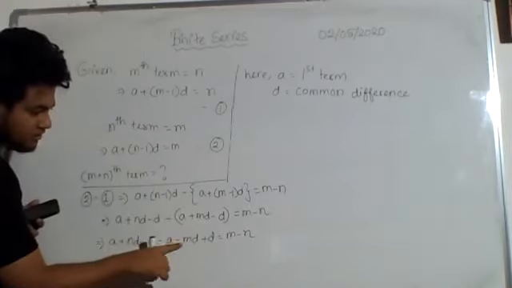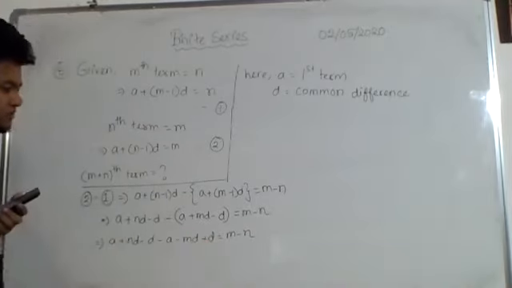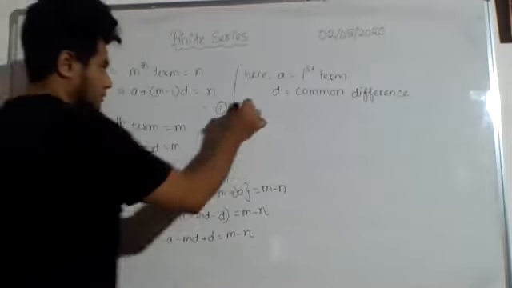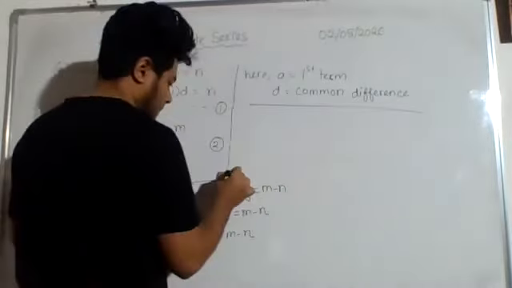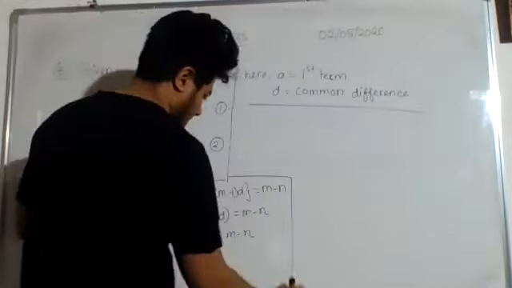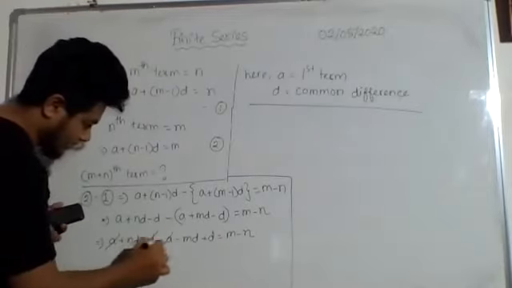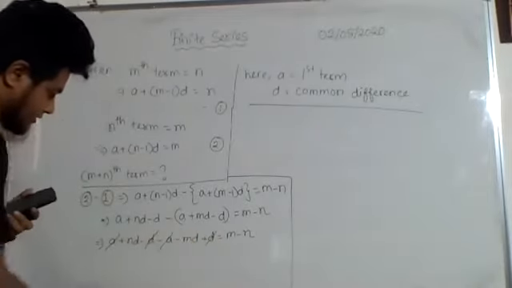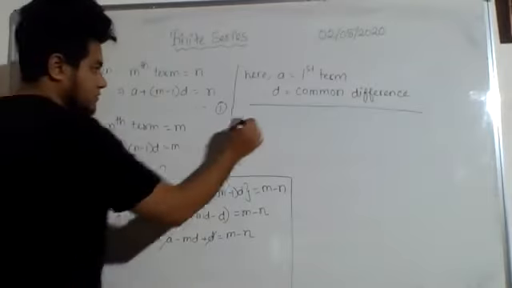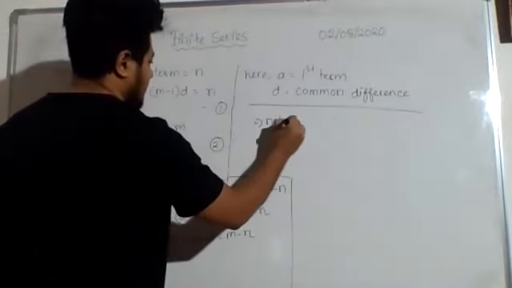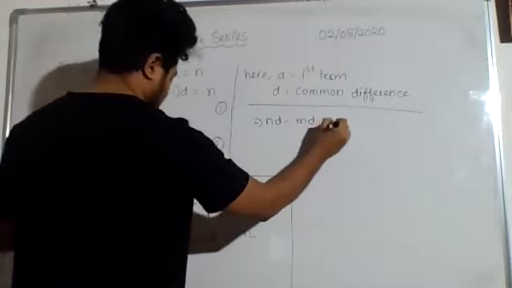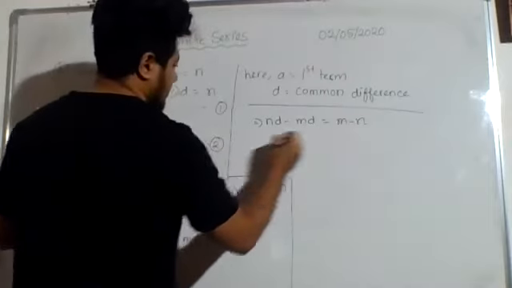Plus md will become minus md, minus d will become plus d. Then here a minus a, they get cancelled. Then minus d plus d, they get cancelled. nd minus md remains. nd minus md is equal to m minus n.